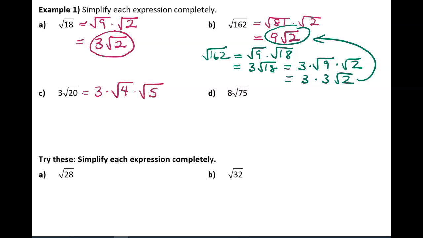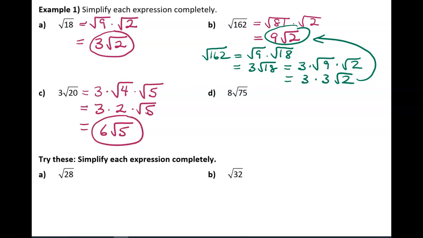So I'll divide out that 4, factor the 4. It's important, remember, that 4 times 5 is 20, so both the 4 and the 5 must be under radicals when you factor this. So now the square root of 4 is 2, and the square root of 5 is not a whole number, so just bring it down. Remember you're multiplying 3 times 2 times the square root of 5, which is 6 times the square root of 5.